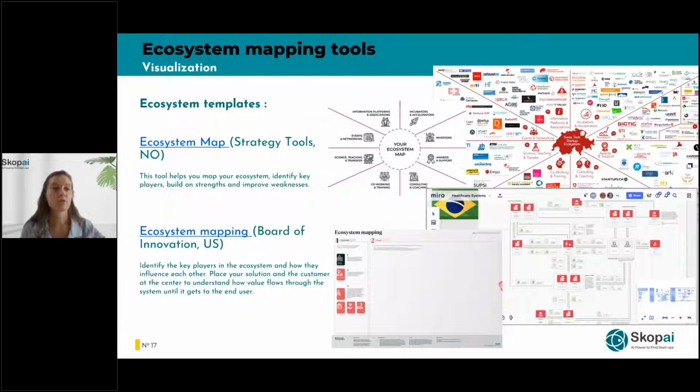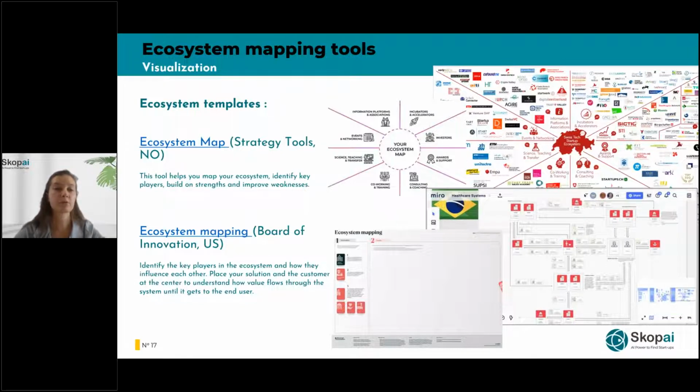The second group of mapping tools is tools that allow to visualize startup ecosystem. And these tools normally provide the visualization functions when the data are already collected. Here we can find the different types of ecosystem templates, and I provide two examples. The first is ecosystem map by strategy tools.